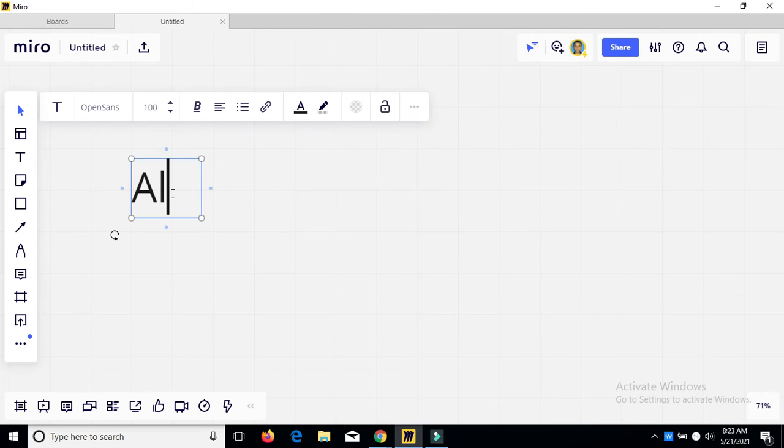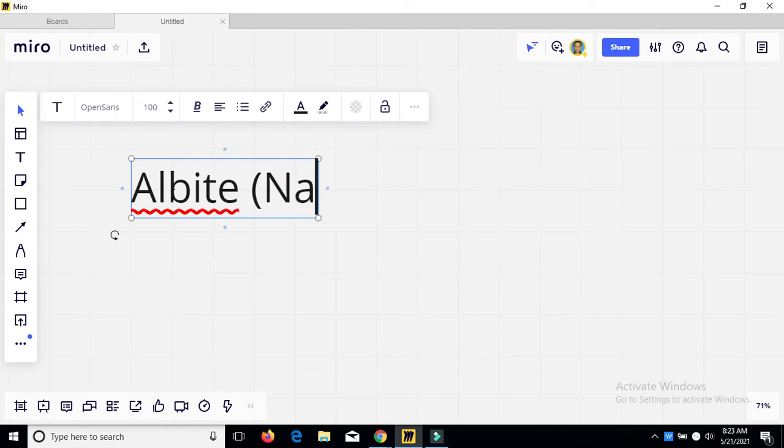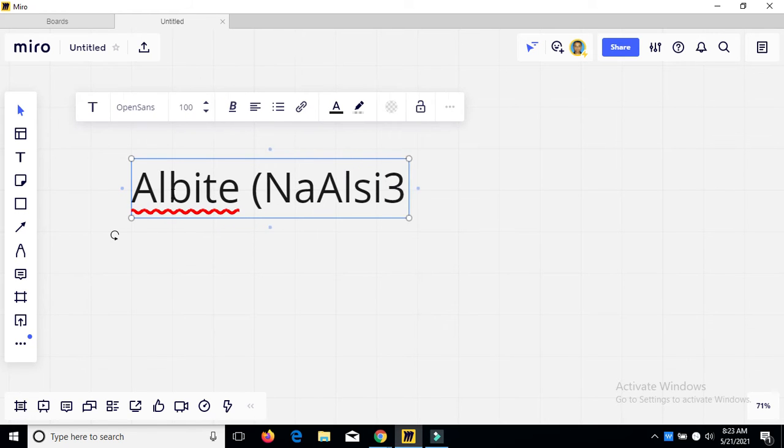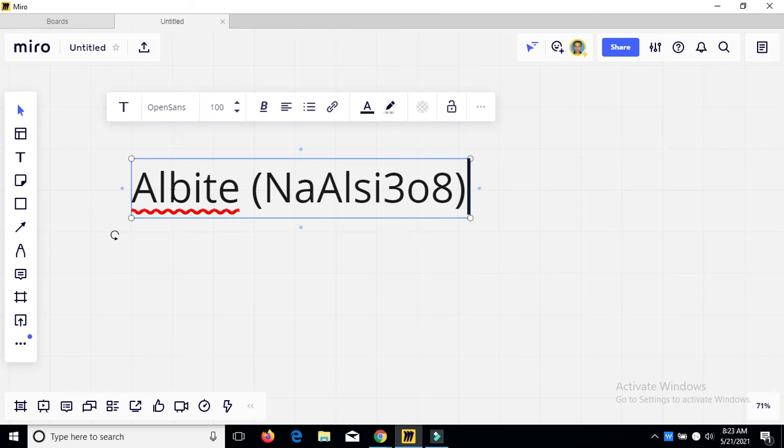So we have albite. What is the composition? Sodium aluminum Si3O8. Okay, this is one mineral.